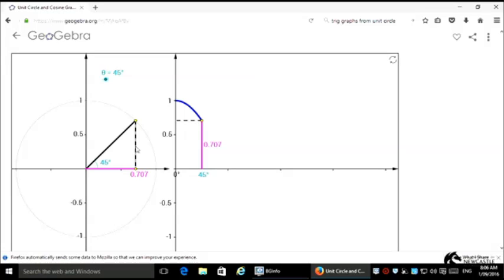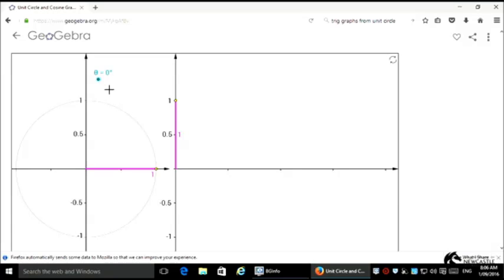But for the minute I'll just go with the x-coordinate, so I'm just working with the cosine of this particular angle. Let me go back to 0. When theta is 0, the angle that the radius makes with the positive x-axis is just the positive x-axis, and so the x-coordinate is 1, so the cosine of 0 is 1.